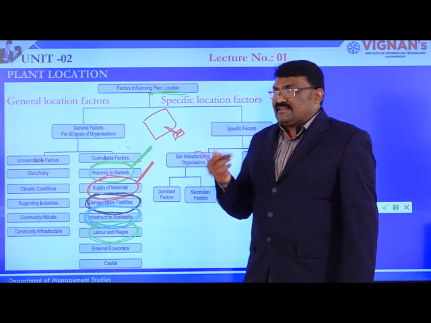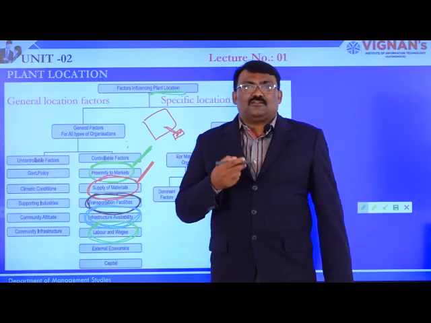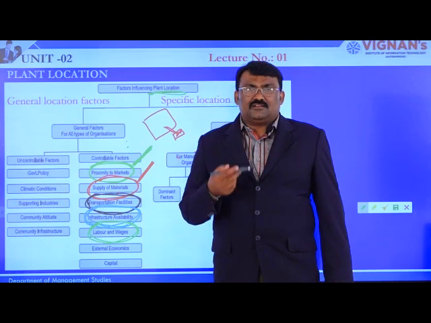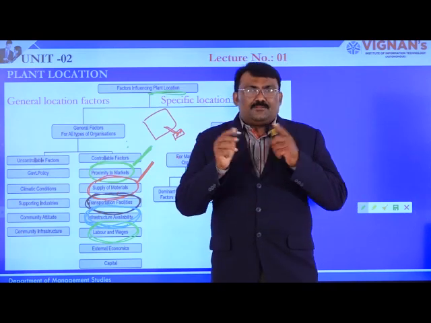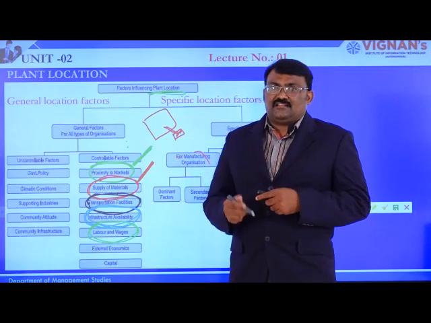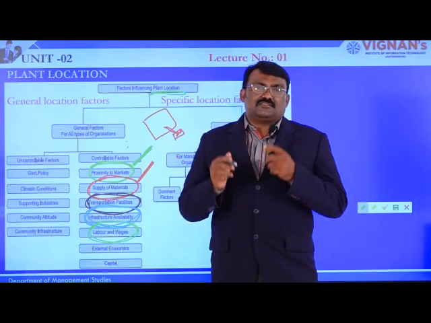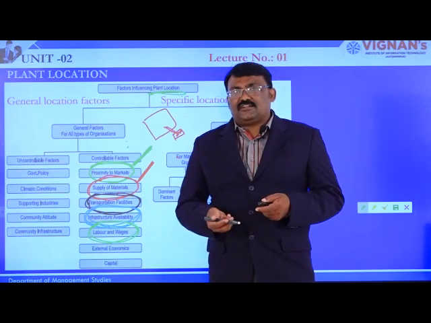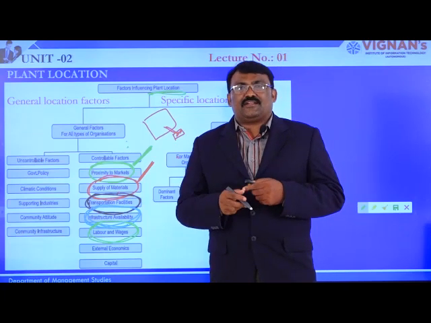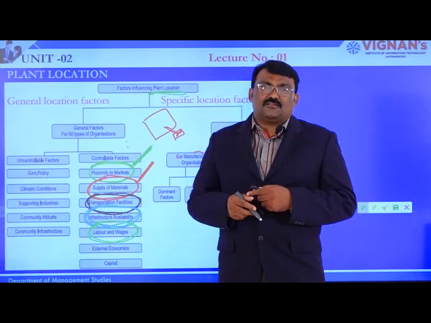Okay, you can see that in the construction of cement bricks, mostly unskilled or semi-skilled labor is utilized. And where do you establish those units? You establish them somewhere far away from the city.